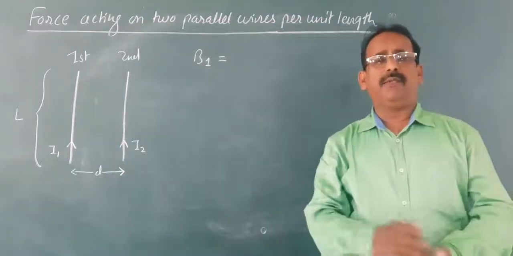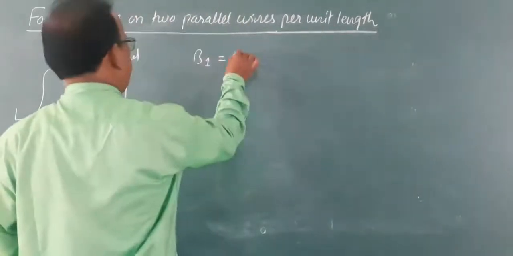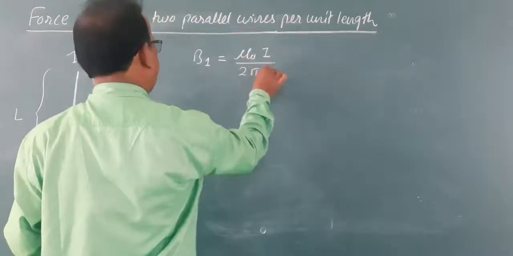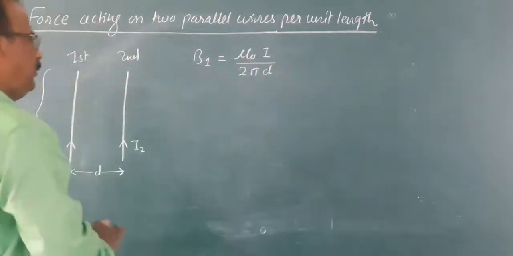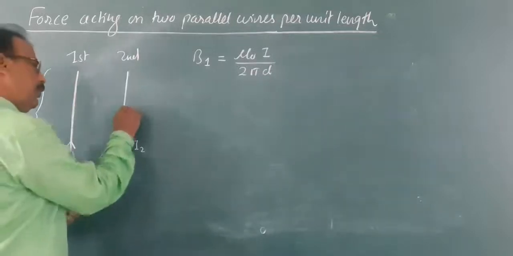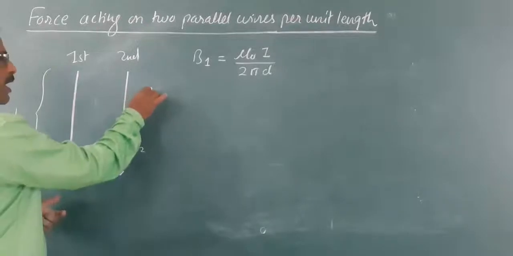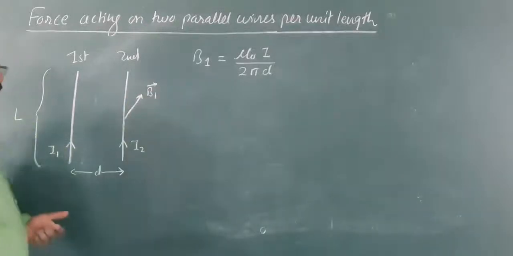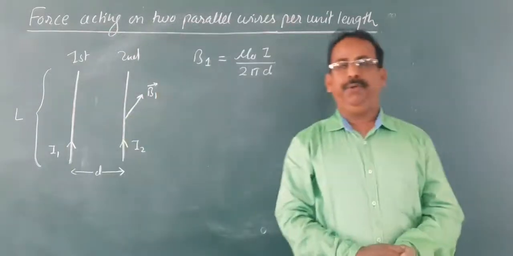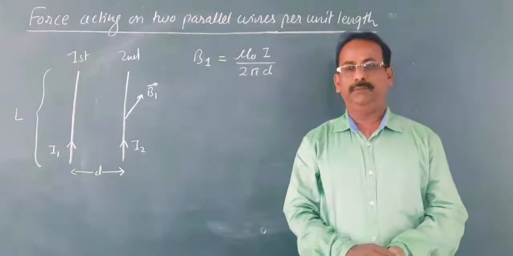Using the previous expression, we get B1 = mu 0 I1 upon 2 pi D. The direction of this B1 by right hand thumb rule is inward, perpendicular to the plane of the figure. This is B1, the magnetic field produced by the first wire at a distance D.